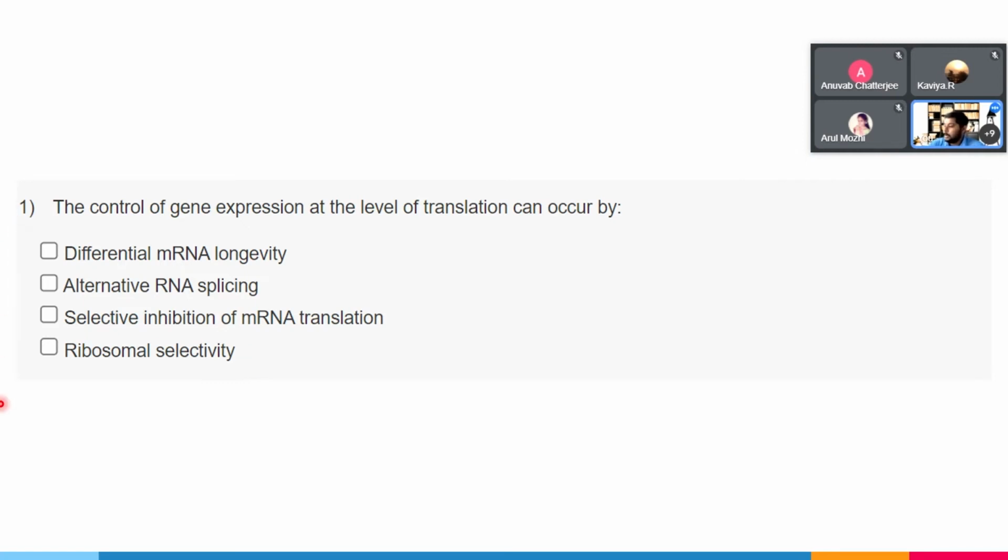So we have 4 options. The control of gene expression at the level of translation. 3 and 4. Selective inhibition of mRNA translation and ribosomal selectivity. Anyone else?